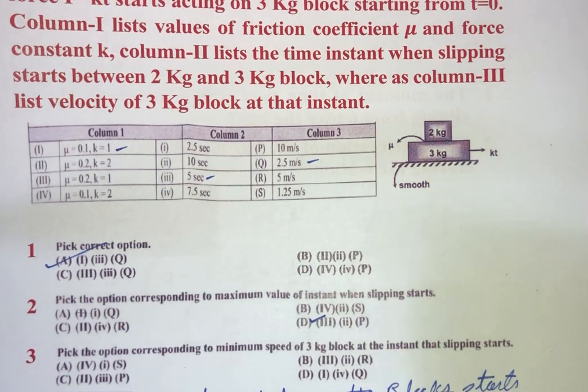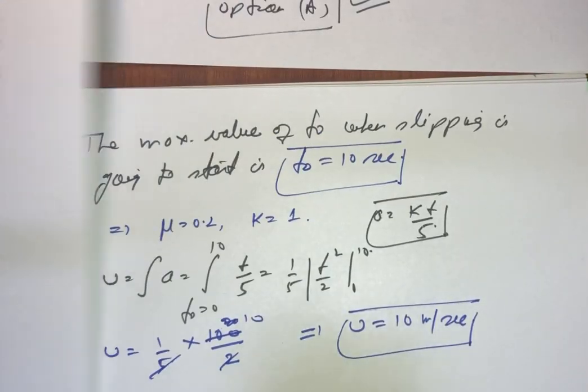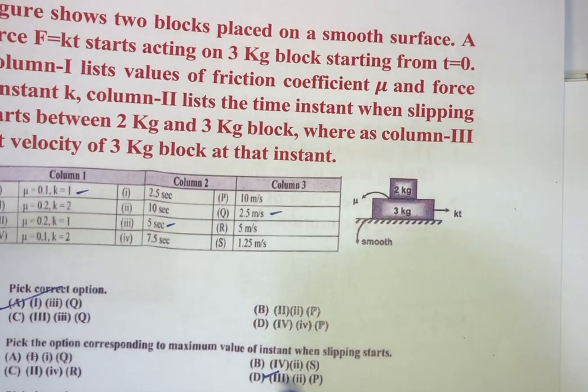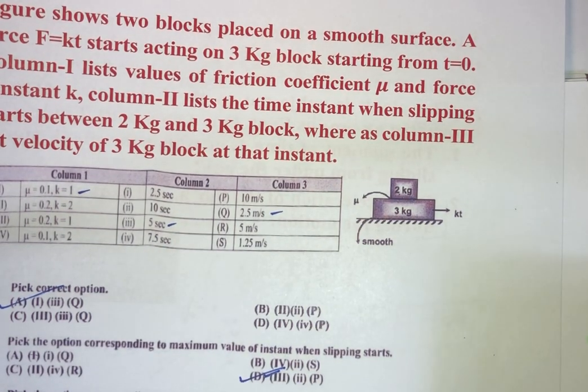It will be either s, 1.25, or p, 10. Here we calculated that velocity is 10 meter per second, so this will be our correct option.